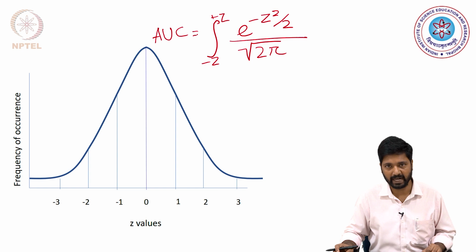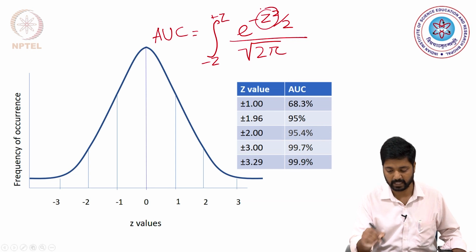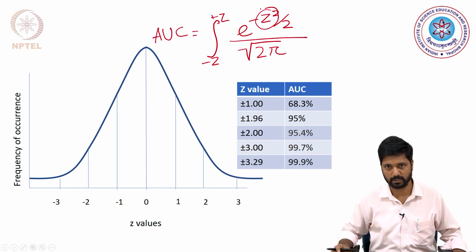Now, when we do that, what we observe is that based on the z value that we plug into this equation, we get a variety of area under the curve values.